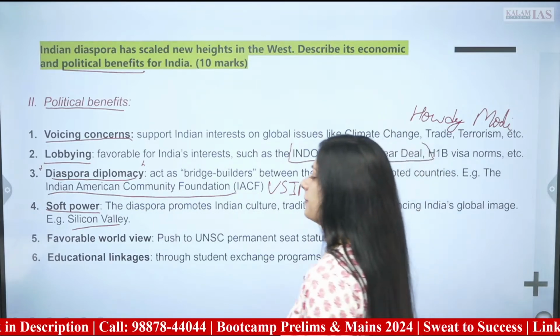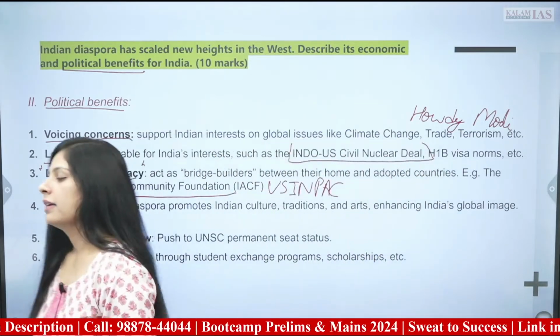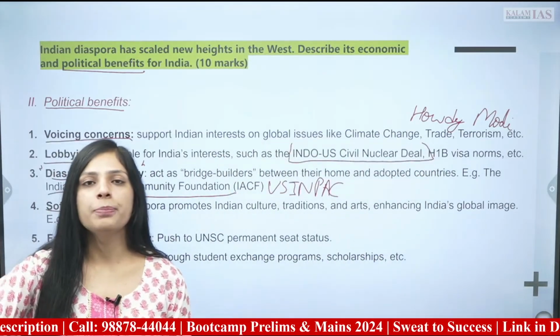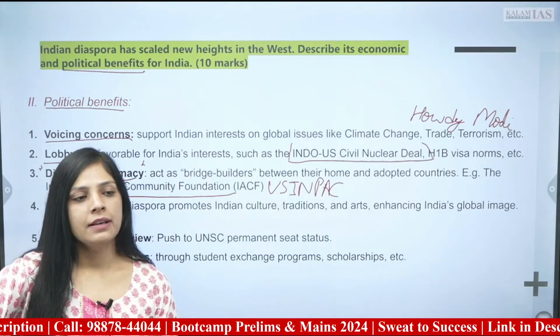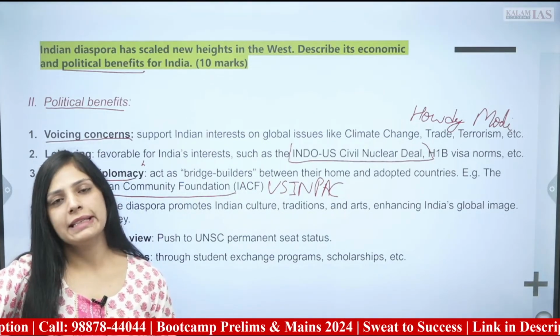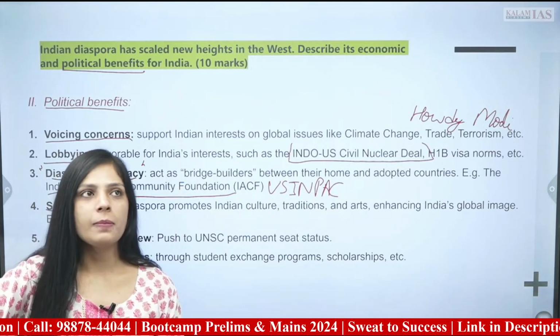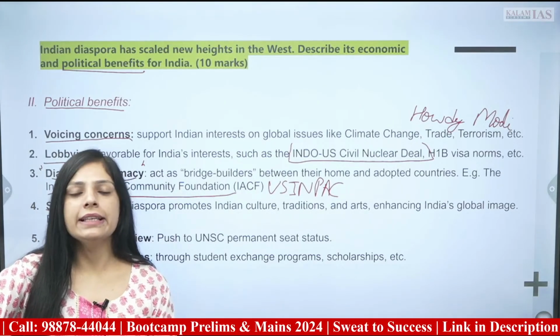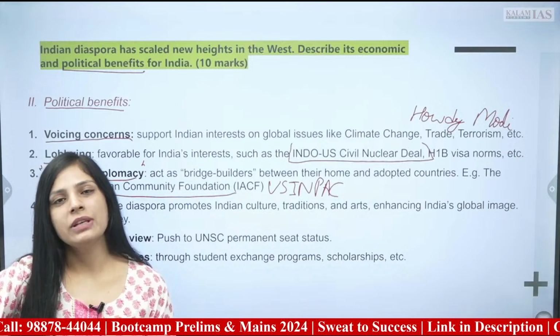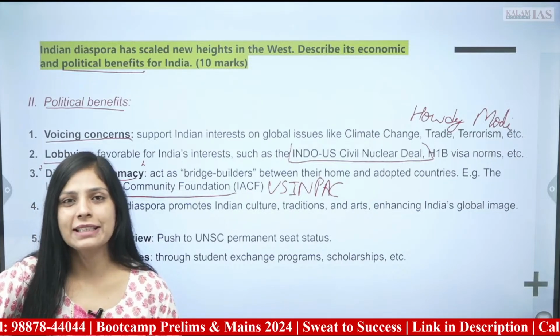Educational linkages. They also promote political ties. We can take the example of the United States here. In 1883, only one student was there in the United States.